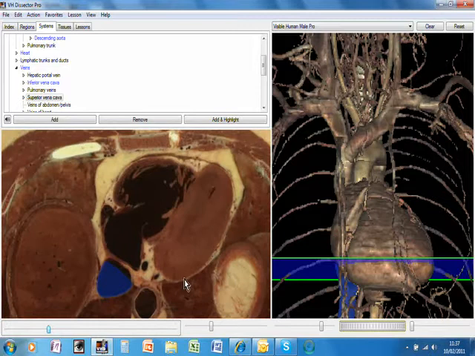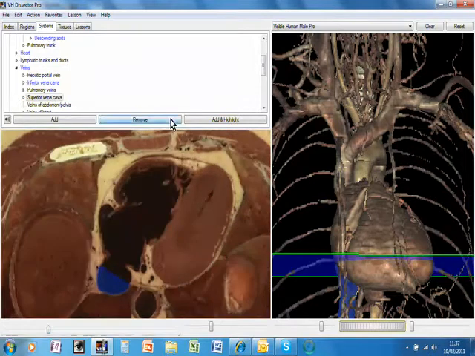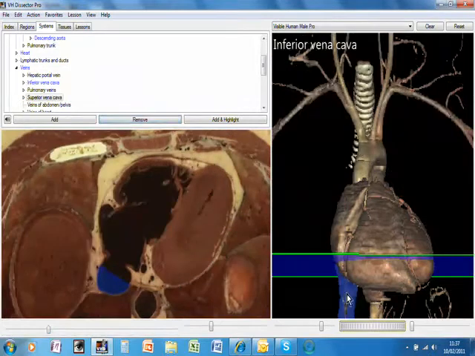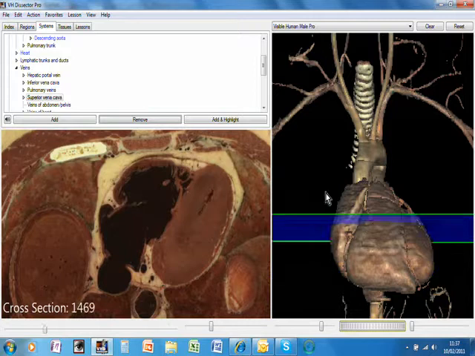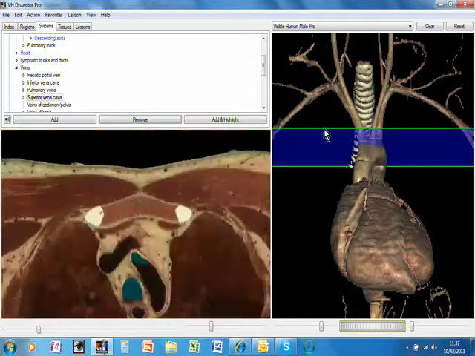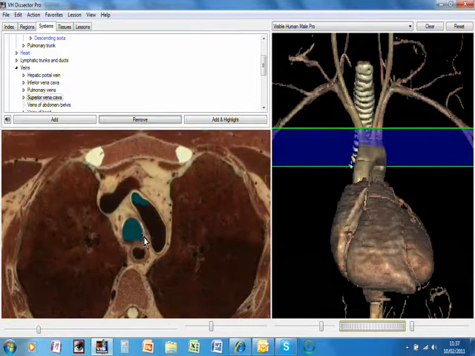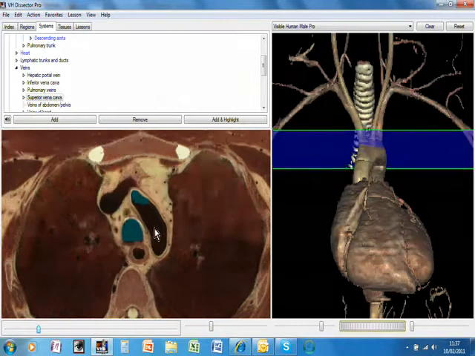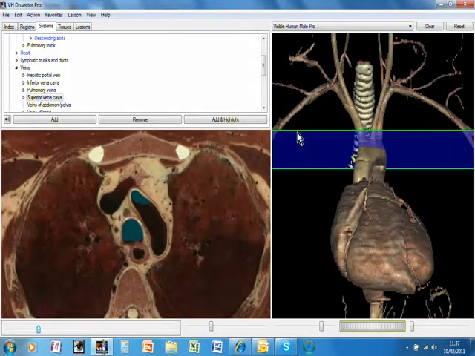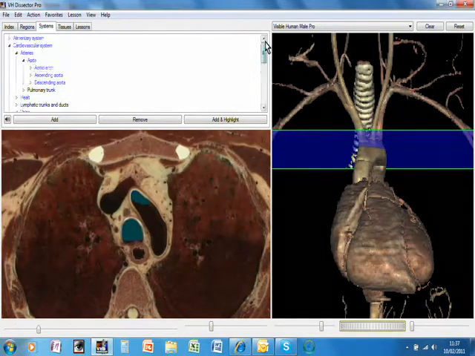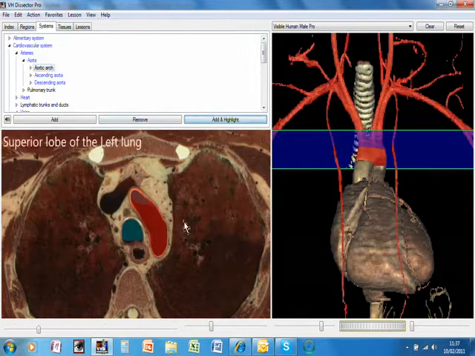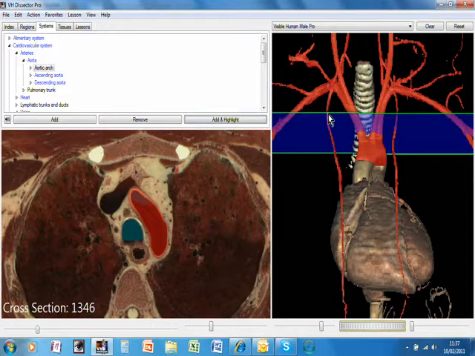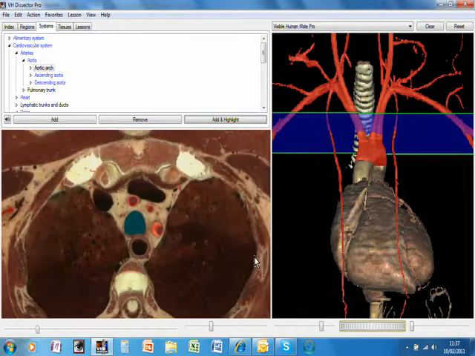We're going to scroll back up now. We'll remove the SVC and the IVC, and we'll scroll back up to around the level of the bifurcation of the trachea. Actually, what we'll do now is we will highlight the aortic arch, and we'll look at these vessels here.